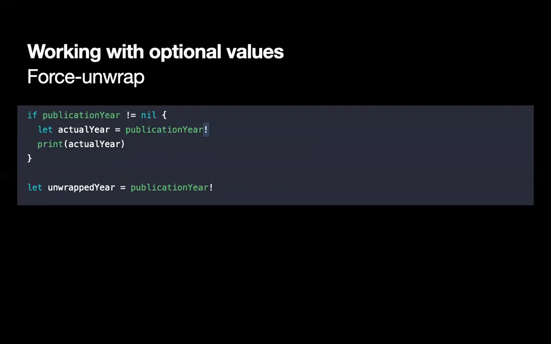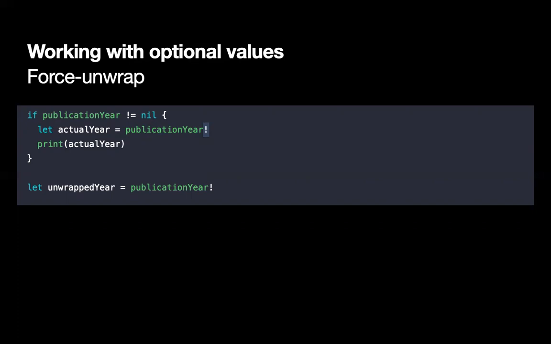Now, working with optional values, that is force unwrap. We got the concept of optionals, but now the question arises: how do you determine whether or not an optional contains a value? And if it has a value, how do you access that value?